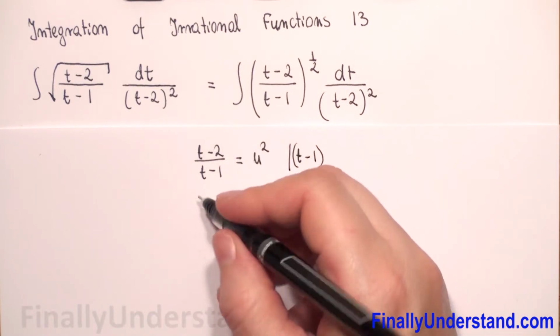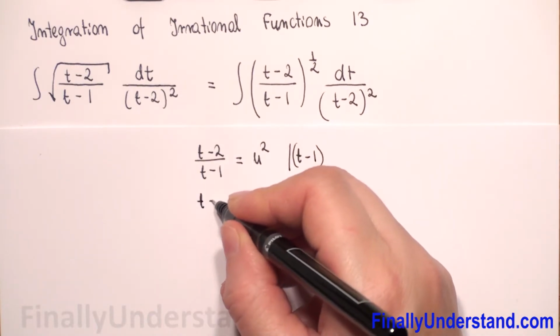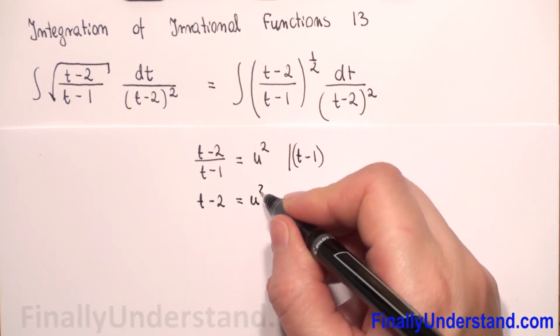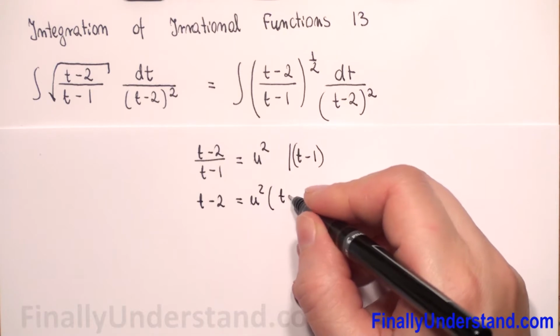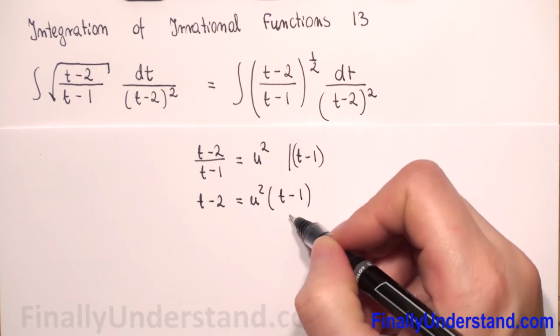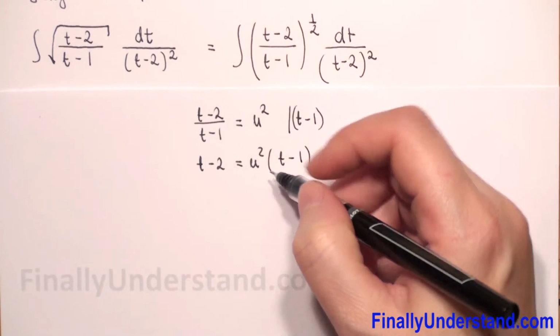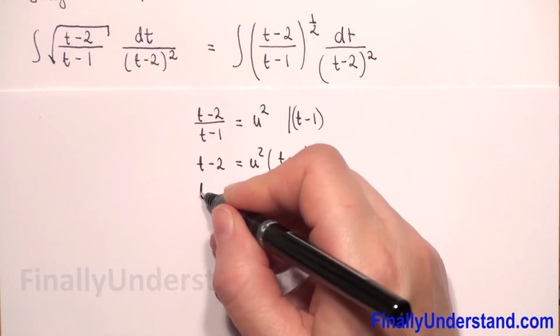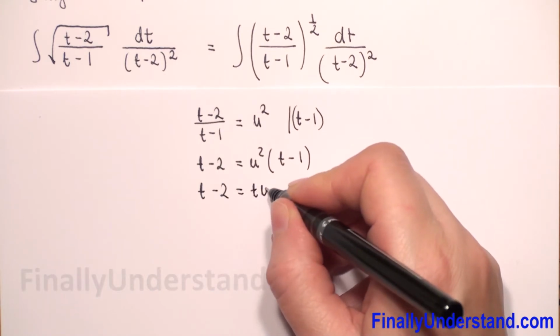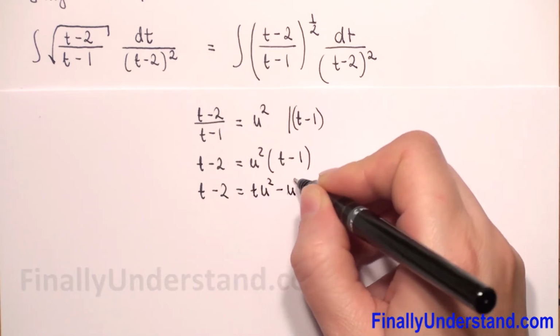So this denominator will reduce and we will have t minus 2 is equal to u square times (t minus 1). Now we'll do multiplication on the right side. So we have t minus 2 is equal to t u square minus u square.